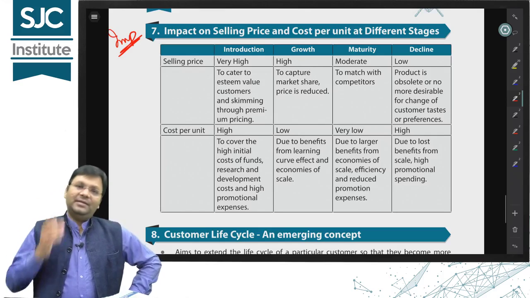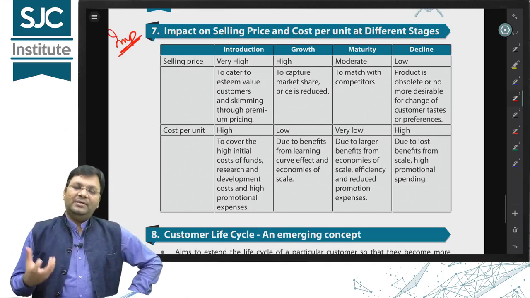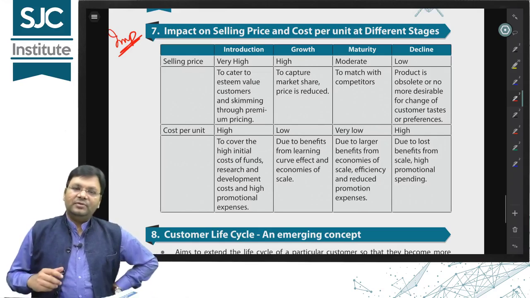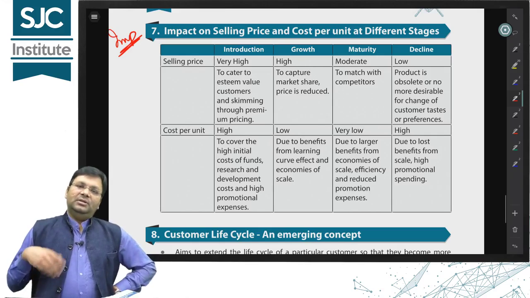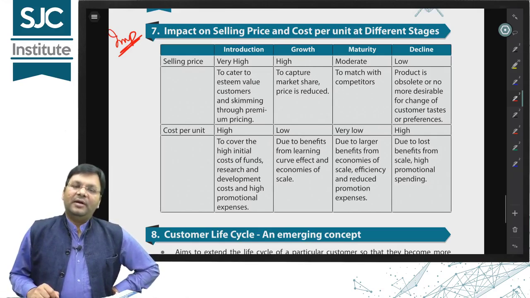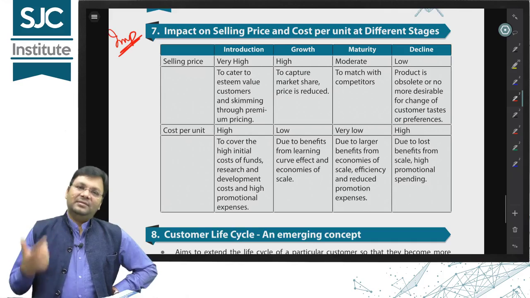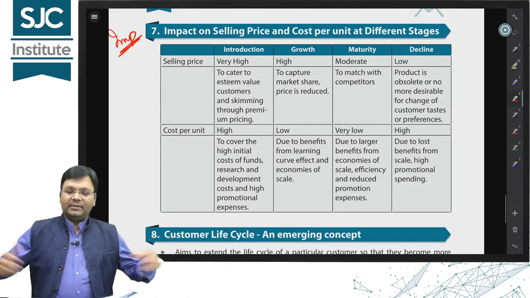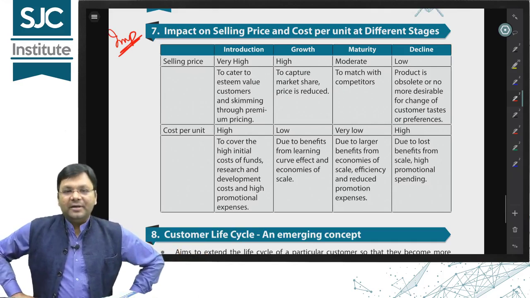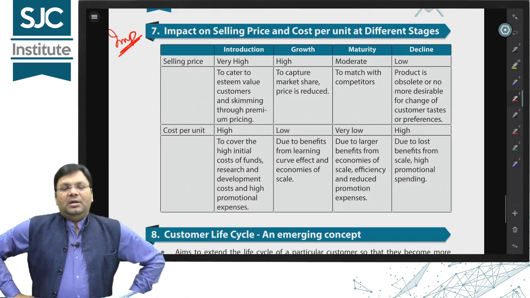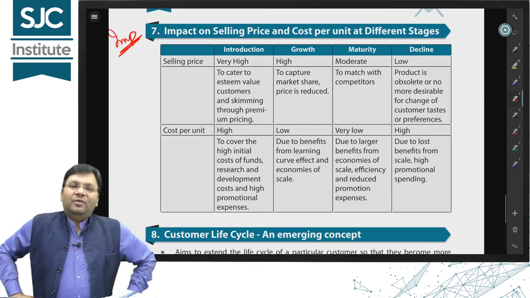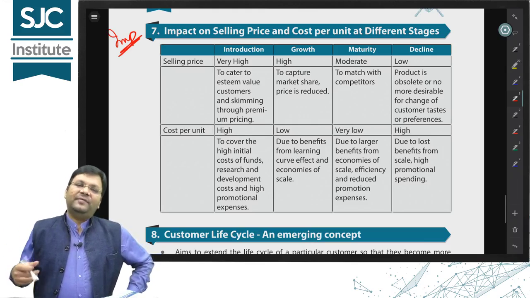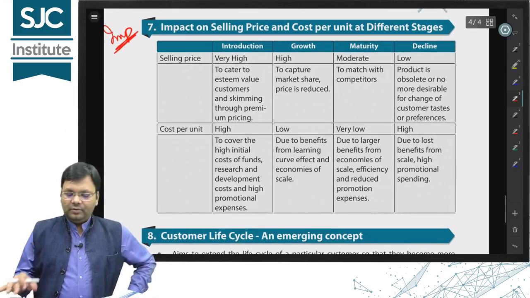The reason is we want to get more buyers, and also competition is starting, so we want to reduce the price. Third is moderate, that means the price is brought to a moderate level in order to capture more market and match competitors' prices also. And lastly, why is the price low? Because nobody is buying. The product is obsolete. There is a change of preference. So we have kept the price very, very low.